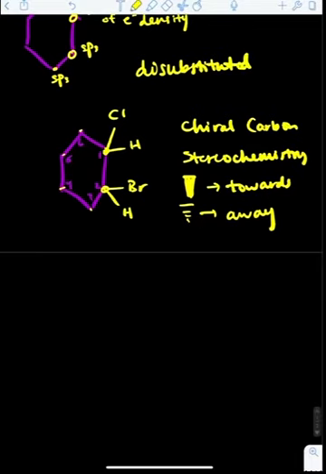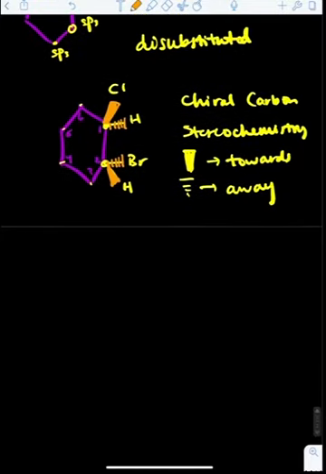Let's give chlorine a wedge, and then let's give hydrogen a dash. And then let's do the opposite on this one. Let's give bromine a dash and hydrogen a wedge. So now these 2 carbons have stereochemistry.